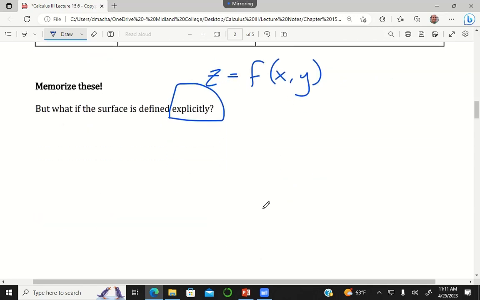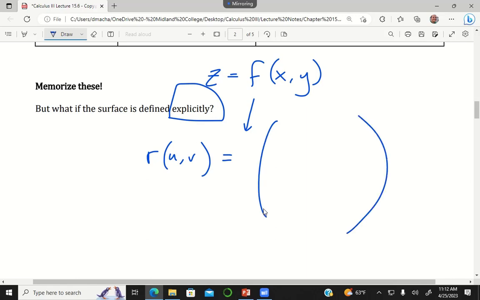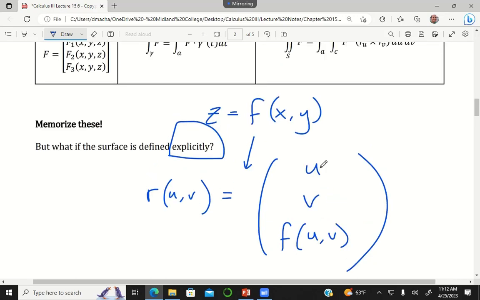You could still work this into a parametric surface, and you could say, well, let me give a surface with parameters u and v, where the x-coordinate of my surface is just u, the y-coordinate is just v, and then my z-coordinate is just the same function, but a function of u and v instead of x and y. Okay. So you can always convert an explicitly defined surface into a parametric surface, or a system of parametric equations here.